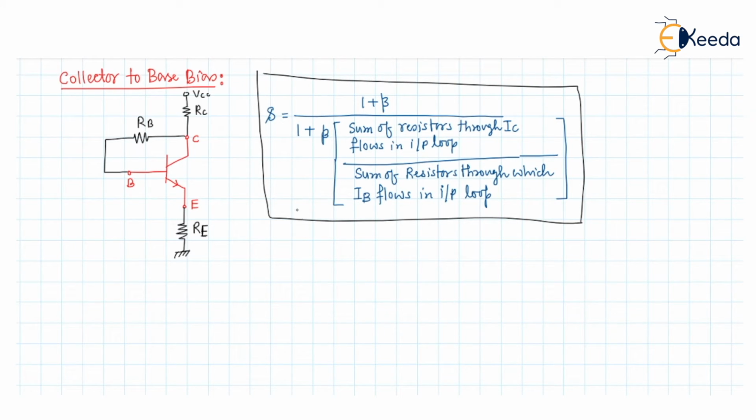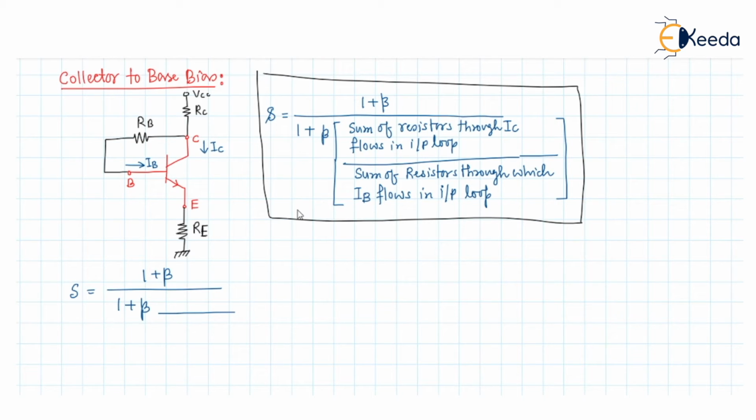So if I want to find the stability factor from this circuit using this formula, it will be 1 plus beta divided by a ratio, where we have to find the sum of the resistors through which IC current will flow. IC current will flow in this direction, and there will be IB current flowing in this direction.